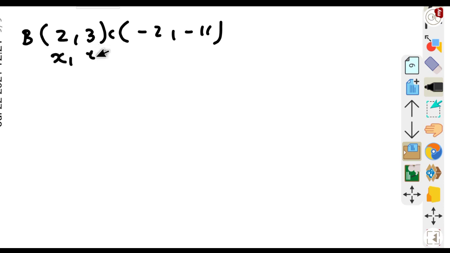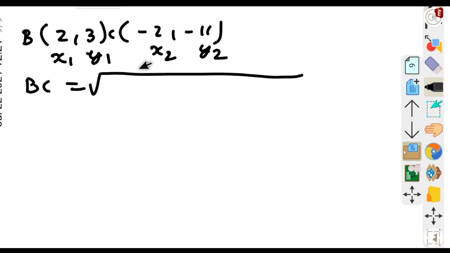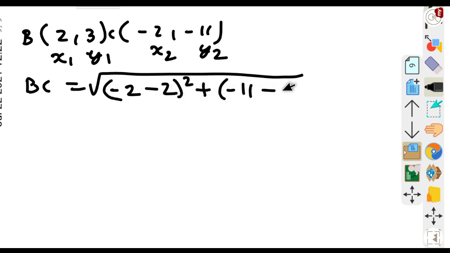Call this x1 y1 as usual, and x2 y2. So BC equals the square root of, I'll apply the data directly because you know the formula, children, x2 is minus 2 minus x1 is 2 whole square plus y2 is minus 11 minus 3 whole square, correct?